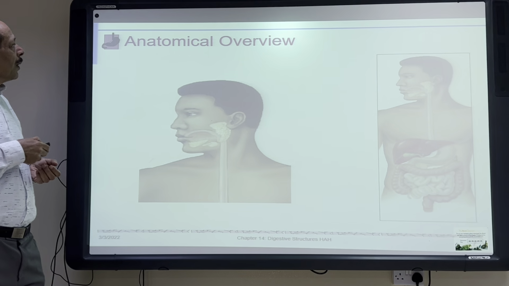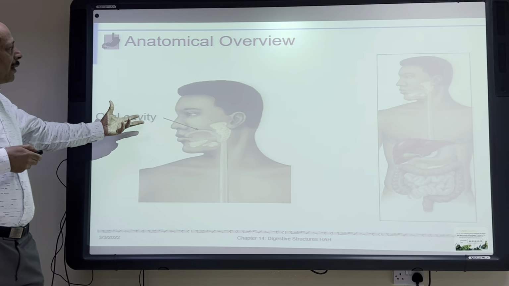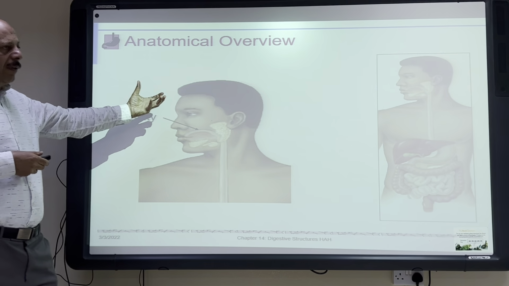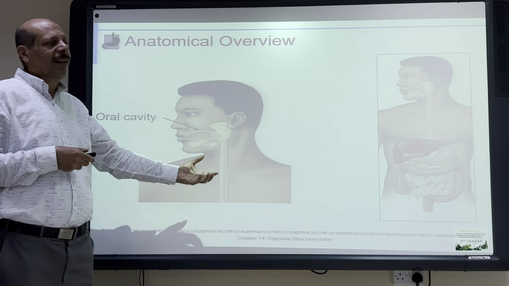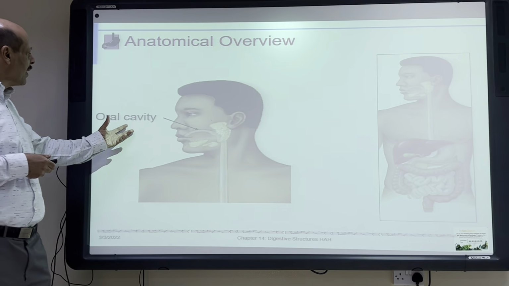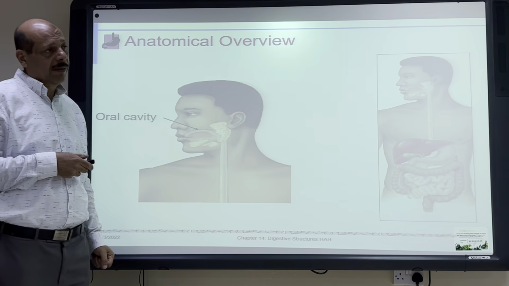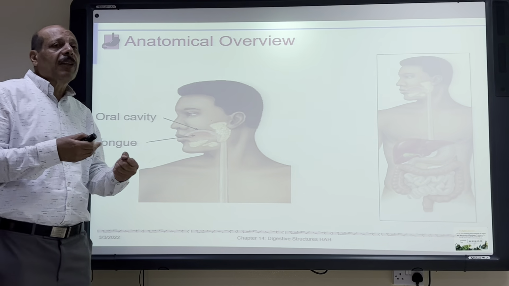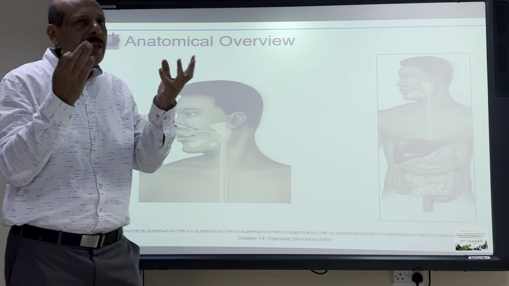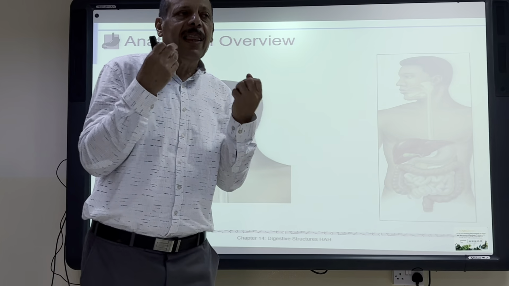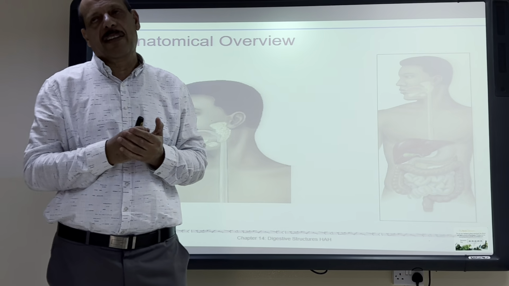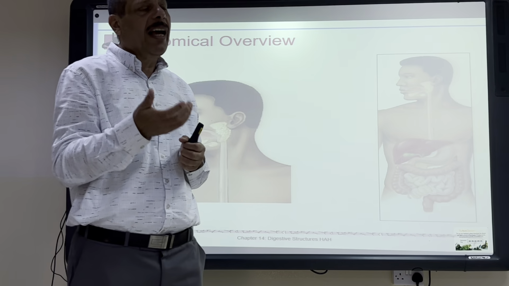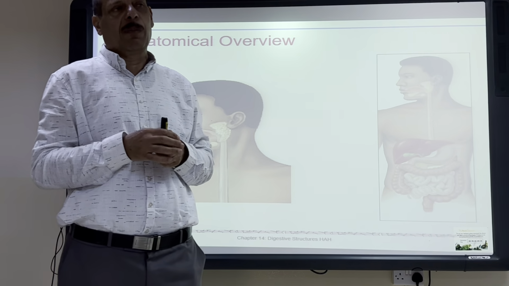Starting with the inlet of the digestive system, it starts from the oral cavity. What are the organs in the oral cavity that will help in the process of ingestion and in the process of digestion?